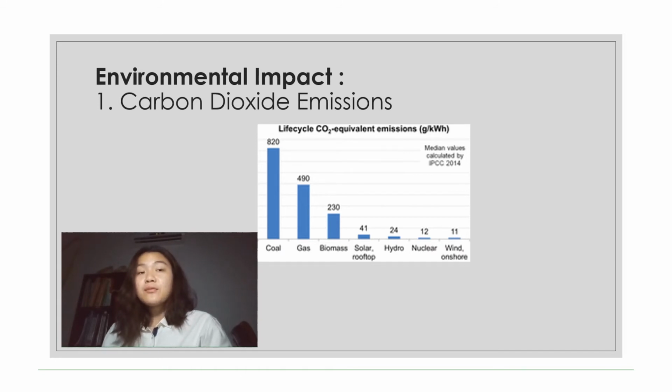In 2014, an analysis was done on carbon footprint by the literature of the Intergovernmental Panel on Climate Change (IPCC), and they stated that nuclear power has a median value of 12 grams CO2 equivalent emissions per kilowatt hour, which is the lowest of all the commercial baseload energy sources.